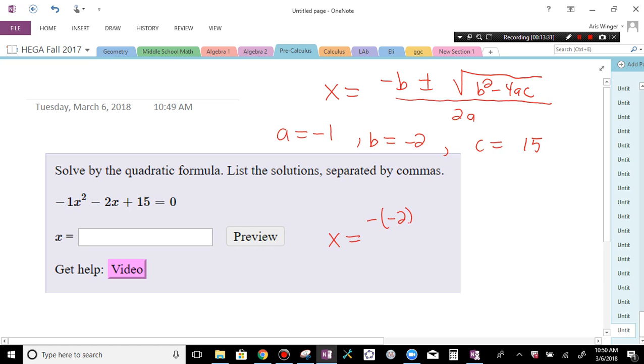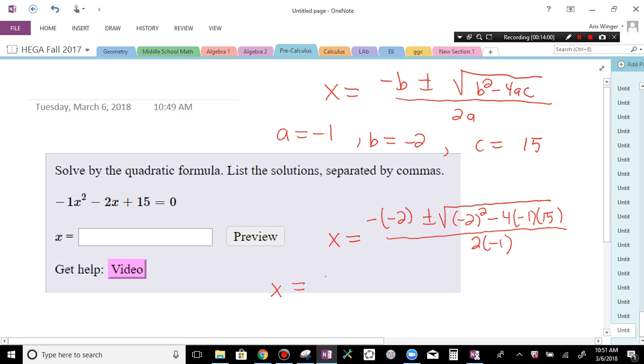Negative, negative 2. Let's see how this is going to be plugged in. Negative, negative 2 plus or minus the square root of b squared. This might even be factorable. Minus 4 times a times c. I think it's going to work out, all over 2 times negative 1, right?